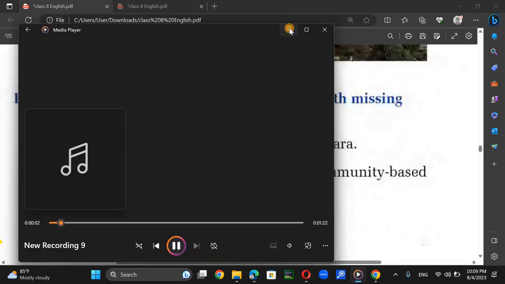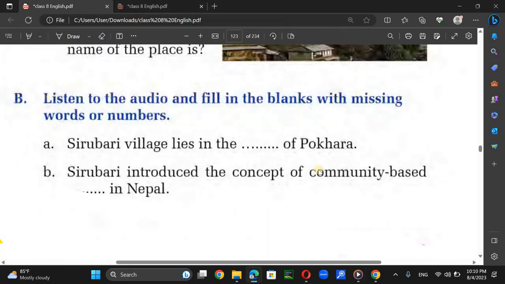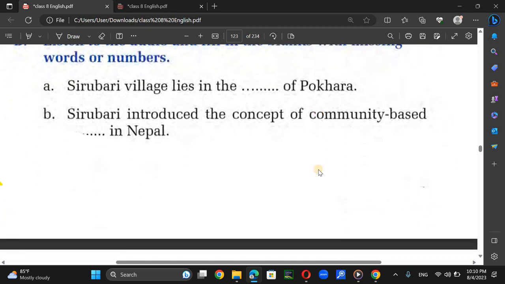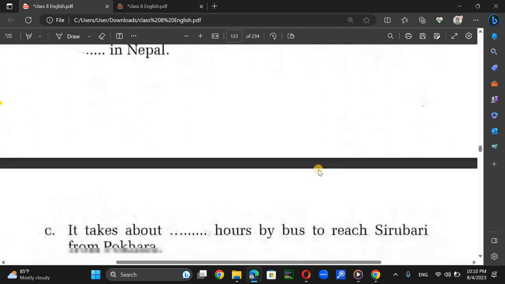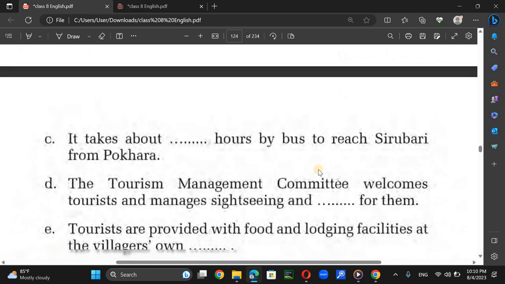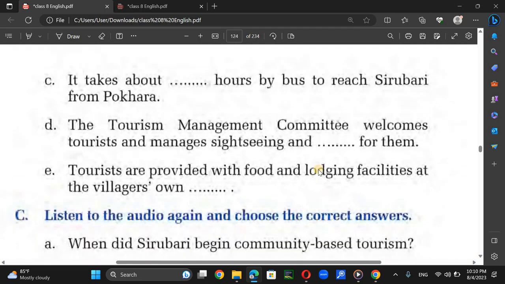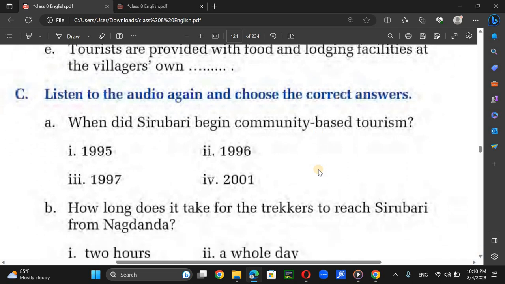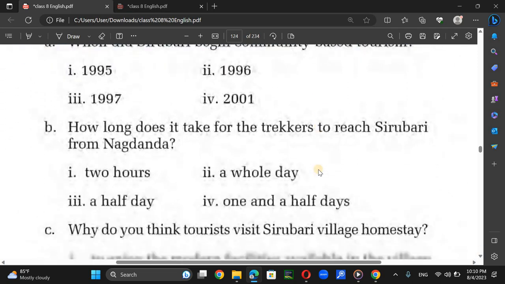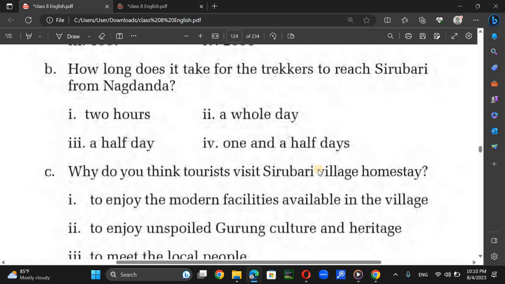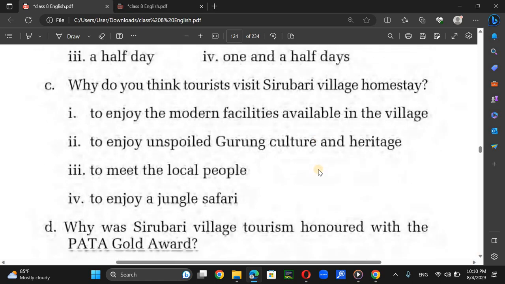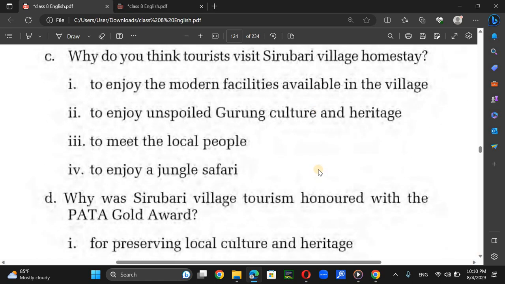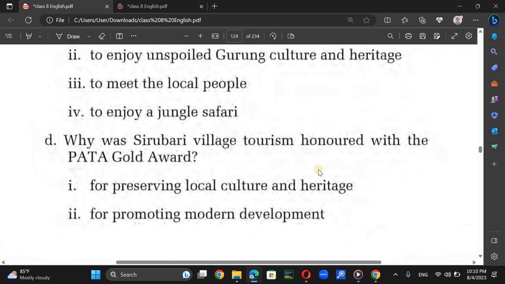Sirubari village is located in Senja district, which lies in the southwest of Pokhara. It is situated at a height of 1,700 meters from sea level. Sirubari is one of the pioneers to introduce the concept of community-based homestays for the sustainable tourism development in Nepal. Sirubari began community-based tourism in 1997.